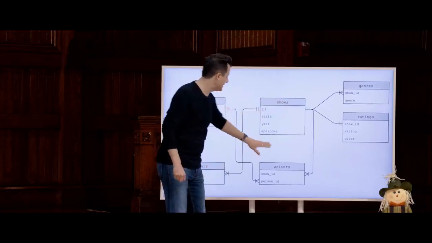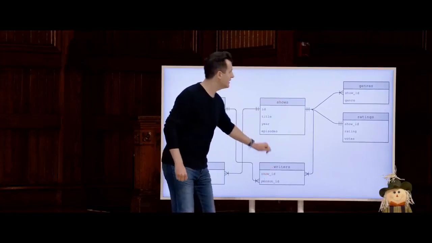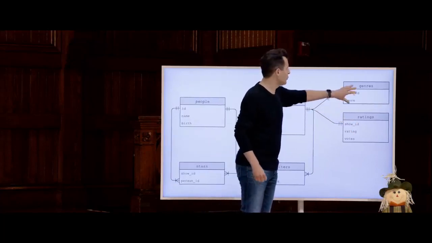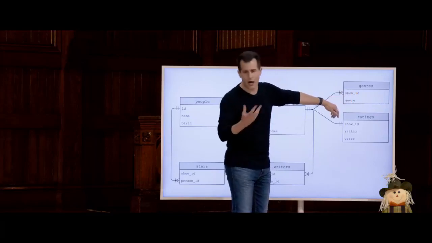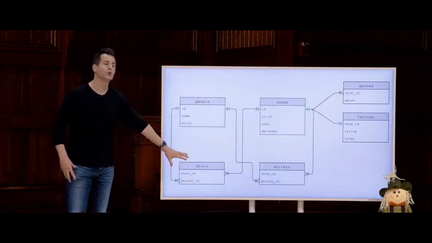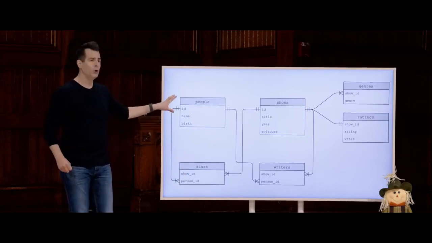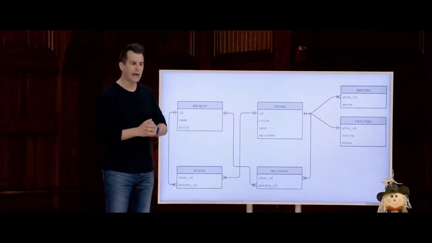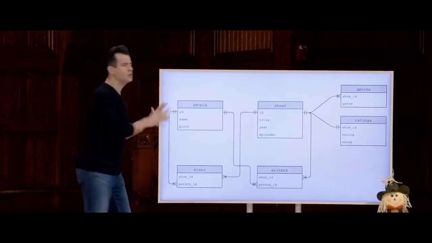There's going to be a dedicated table for writers in that industry, for the ratings of shows, for the genres to which shows belong, comedy and the like. And then lastly, there's going to be this table which somehow associates people with the TV shows that they star in, and vice versa.